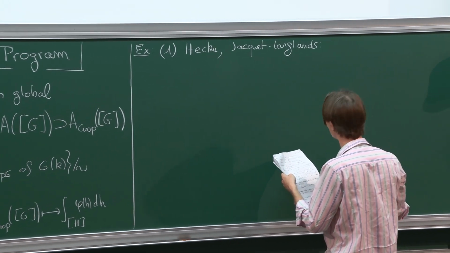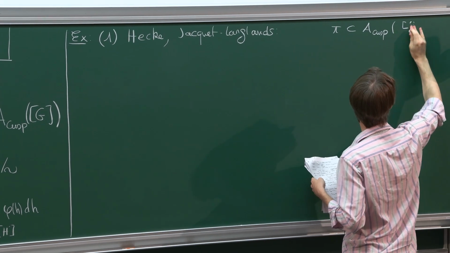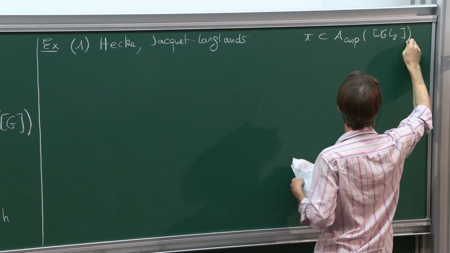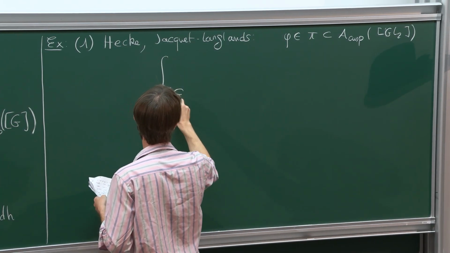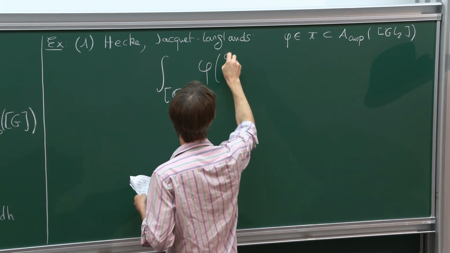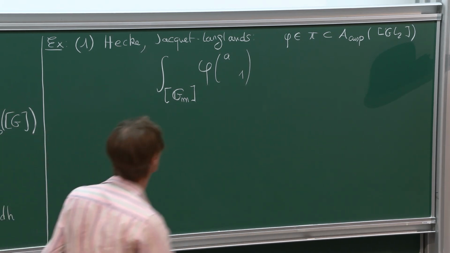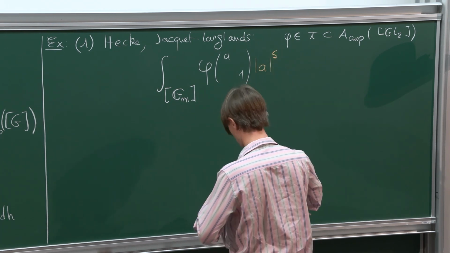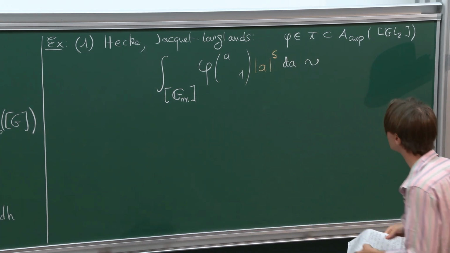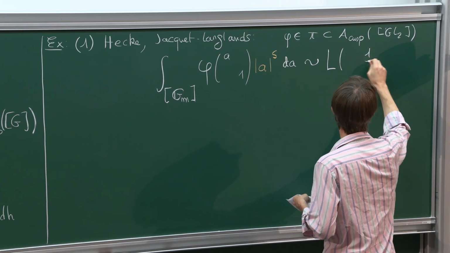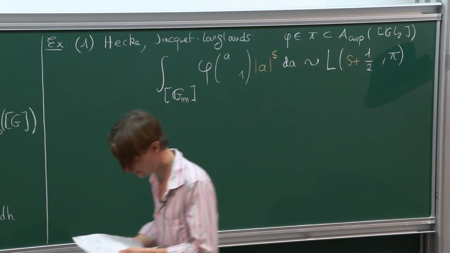It says the following: if you take pi, a cuspidal automorphic representation of GL2, and a form phi in pi, and you integrate it over this torus, and then you can even multiply by a small character, like the absolute value of a to the s, you essentially get, by some technical unfolding, an L-function, which is more precisely the standard L-function of pi shifted by 1/2, which is a central point here.